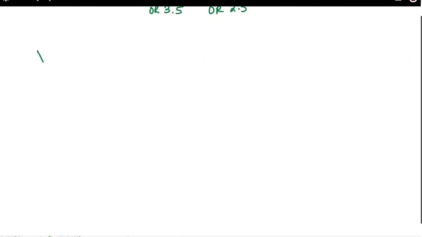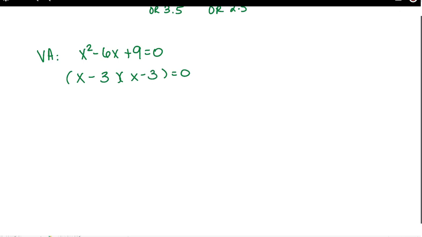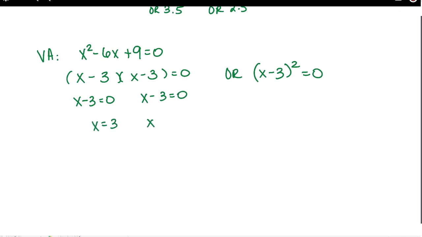So x squared minus 6x plus 9 equals 0. You hopefully see that it's a perfect square, which would be x minus 3 times x minus 3, which is x minus 3 squared. So either way, it's the same thing, just two different ways to write it. So if you write it this way, you set each of the factors equal to 0, and you get x equals 3 either way.